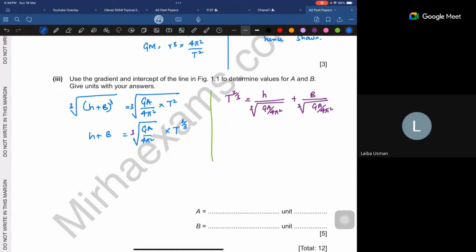So then if I compare this with y equals mx plus c, the gradient of this graph will be 1 over the cube root of GA over 4π², and the y-intercept c is going to be B over the cube root of GA over 4π². Right?